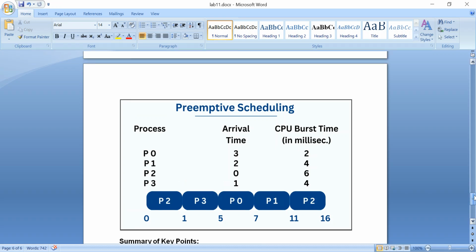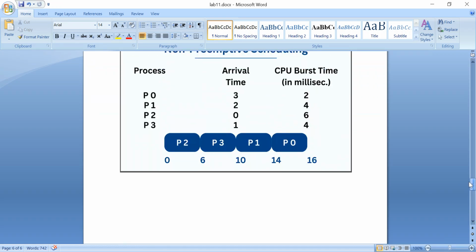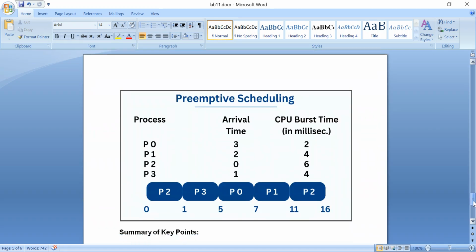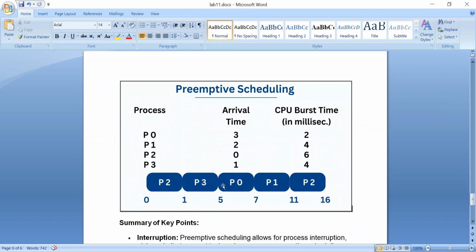In the previous example, the turnaround time of process 2 is only 6 seconds, because it came at 0 seconds and it takes 6 seconds, so it finishes at 6 seconds. But in this example, we have the high priority task, so P2 takes 16 seconds.